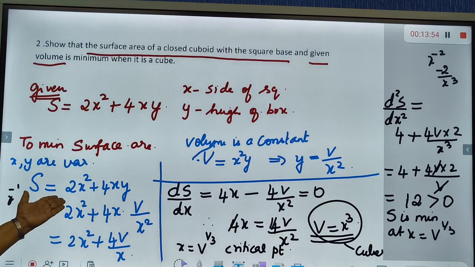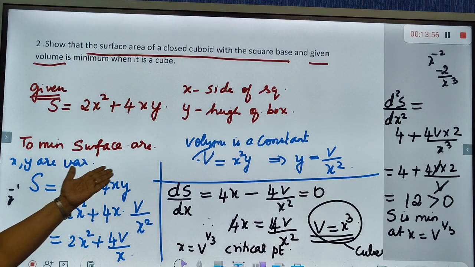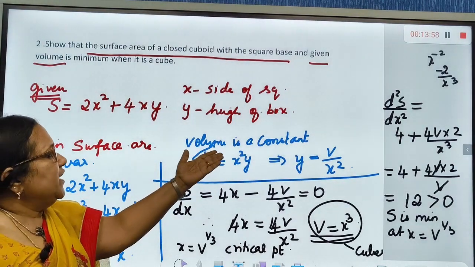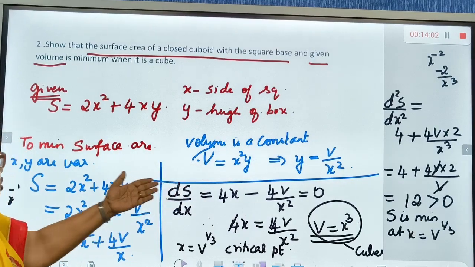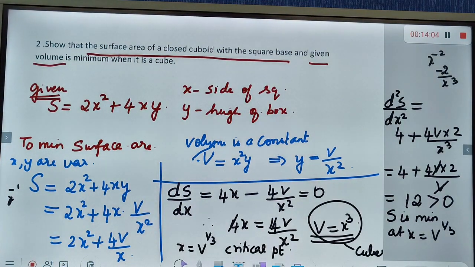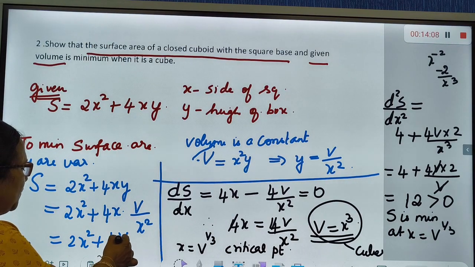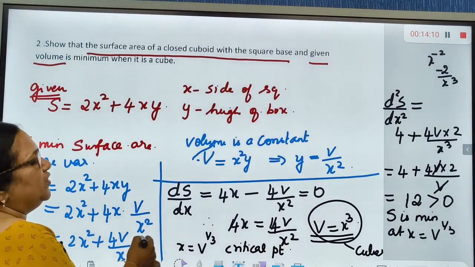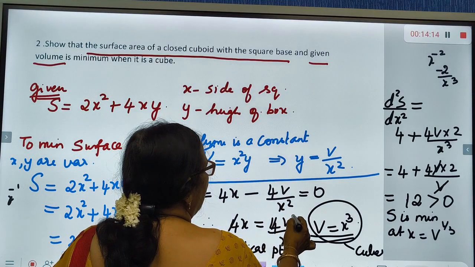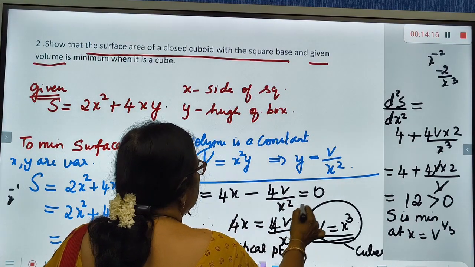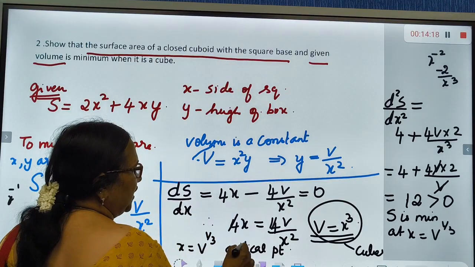So we wrote the expression for S, and we wrote the expression for V. Since V is a constant, I can write y in terms of x and substitute back in S for y. You get 2x square plus 4V by x. Now differentiating, dS by dx gives 4x minus 4V by x square. It's equated to 0 to find the critical point.